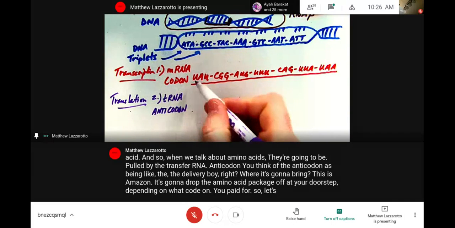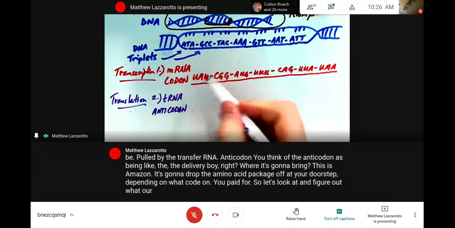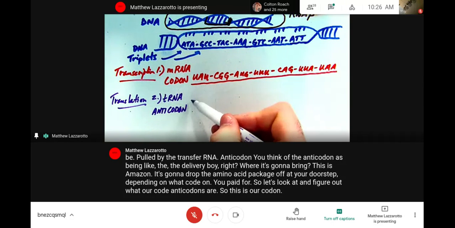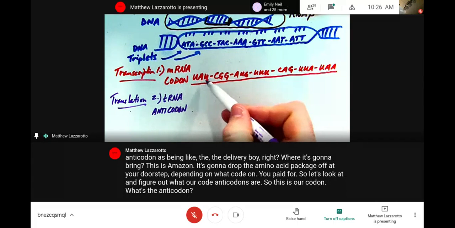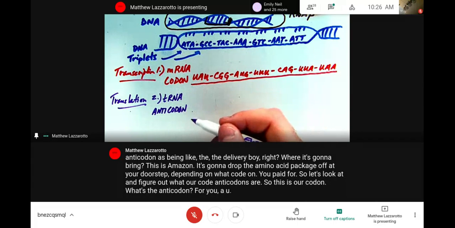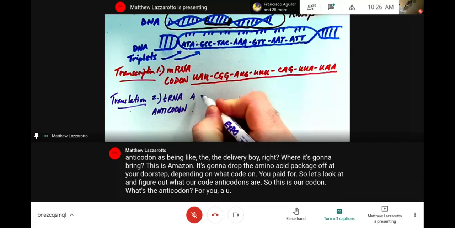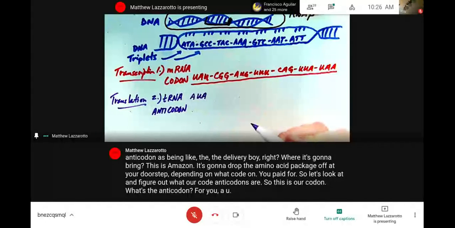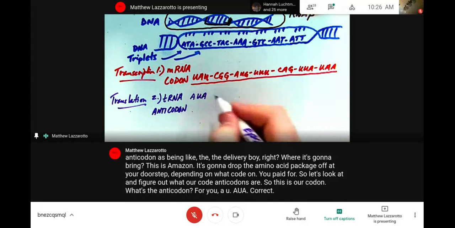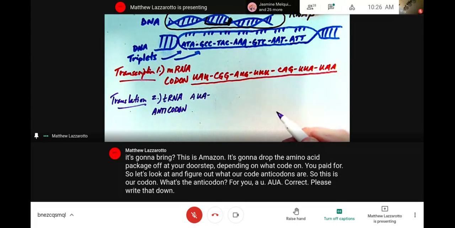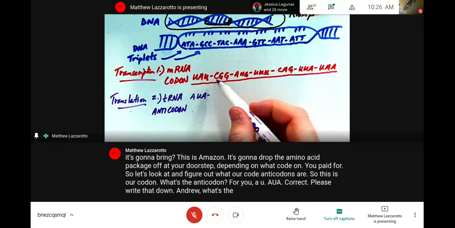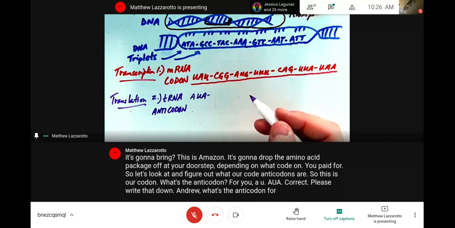So let's figure out what our anticodons are. This is our codon. What's the anticodon for UAU? AUA, correct? Please write that down. Andrew, what's the anticodon for CGG?